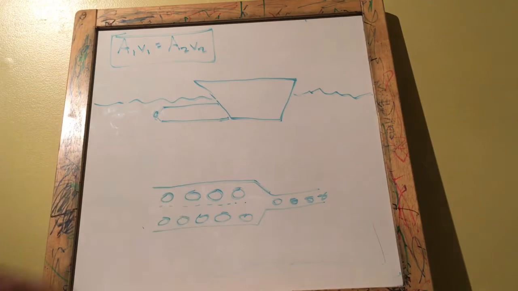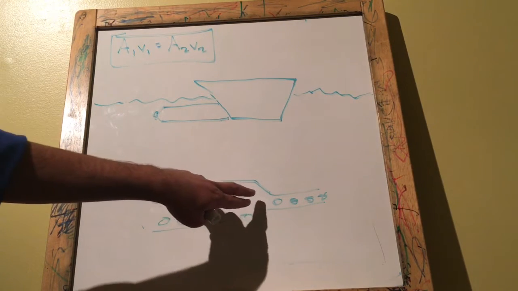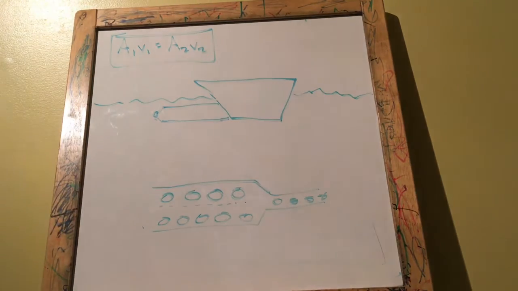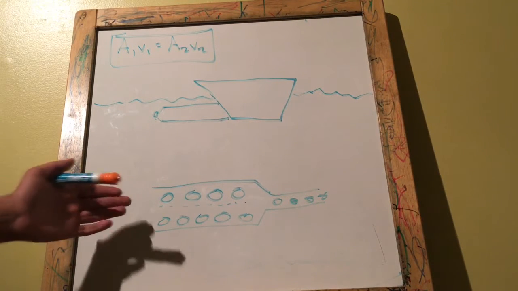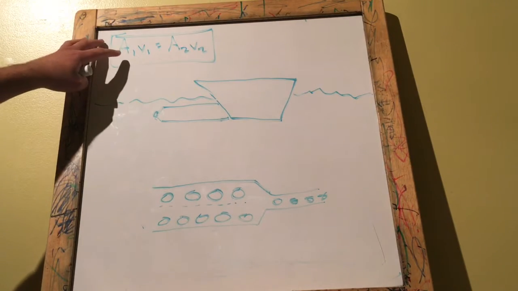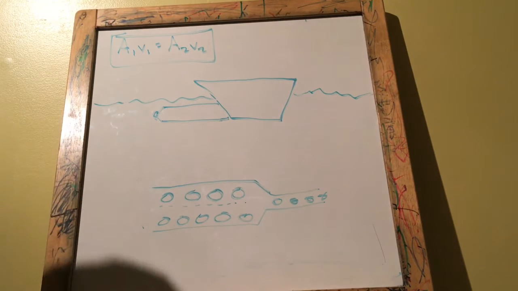So here, they're going to be moving really slowly, and once they finally get into the merge, they can move much faster because there's not much being obstructed. And basically what this highlights is this equation up here, that if you have a greater cross-sectional area, the velocity of the molecules passing through the straw or the tube will be slower. And the lower your cross-sectional area, the higher your velocity.